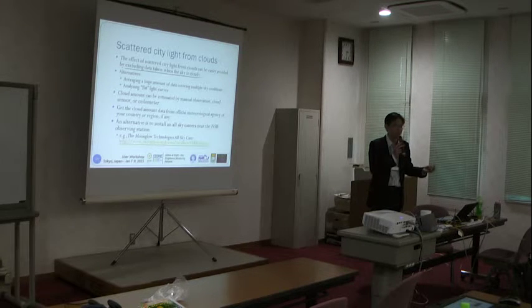So 0 octa means completely clear, and 8 octa means completely overcast. Somewhere between is 3 to 4. It's determined by a human, by a professional, and at least in Hong Kong, they report the cloud amount about every half hour.